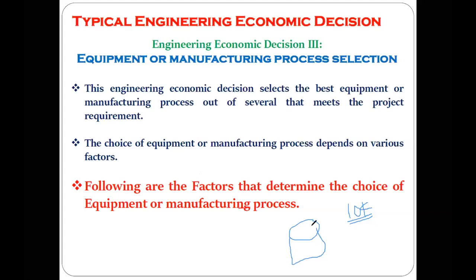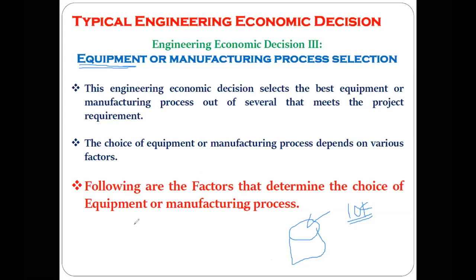So to produce the paper glasses, you need to have the machine, equipment. Yes or no? And when you go for purchasing that equipment, which kind of machine or equipment will you select?